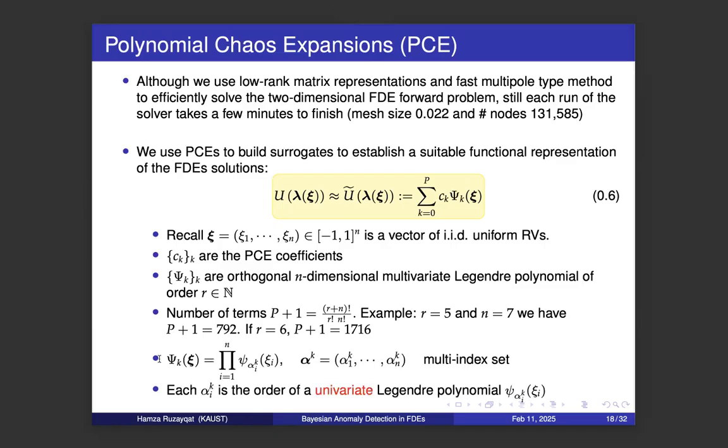And this psi_k of xi is actually defined as the product of the univariate Legendre polynomials of order alpha_ik evaluated at xi, where alpha_ik is a member of a multi-index set alpha_k.